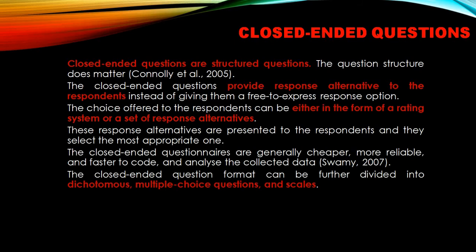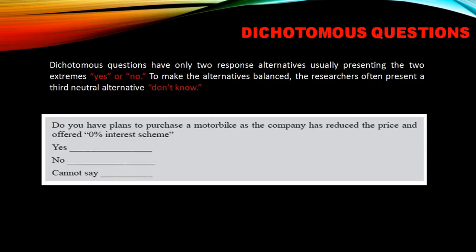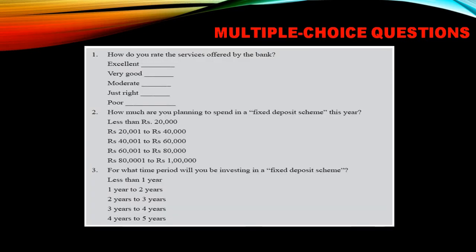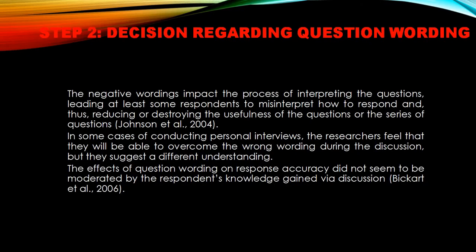Either they are multiple choice questions or dichotomous questions. Dichotomous questions are questions which present you only with 2 choices: yes, no, male, female, true, false, agree, disagree, sort of a thing. Okay, so these are some examples of dichotomous questions. These are some multiple choice questions.